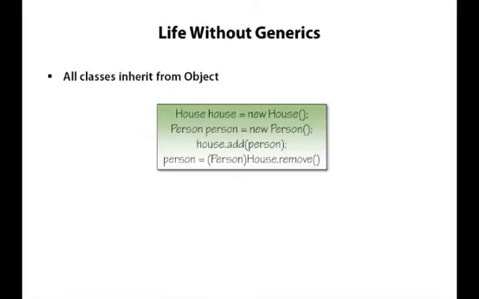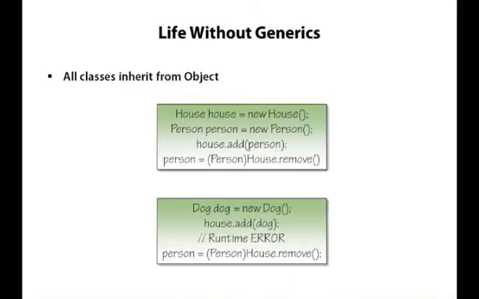Then I can remove a person, and you notice I have to use this special operator called a casting operator. I'm telling the compiler that what you get out from here is of type Person, because I know I put a person in, so I know I have to take a person out. If we looked at this house.remove method, we'd see that it returns an Object, and that's because we're making it so this house class could work with all different types. So this is without generics.